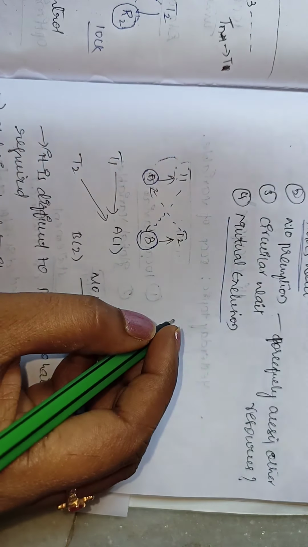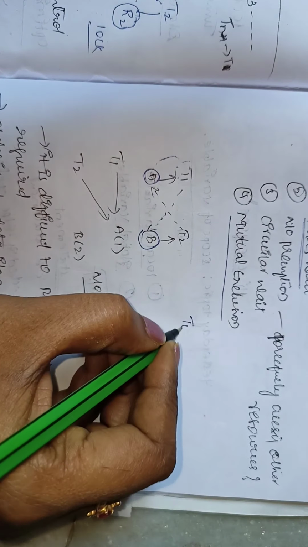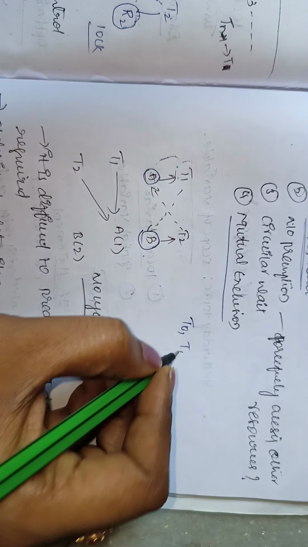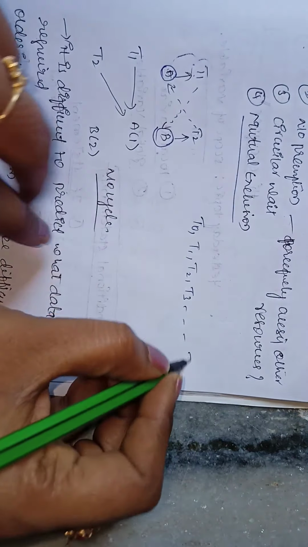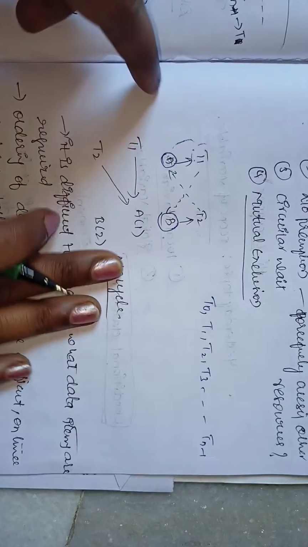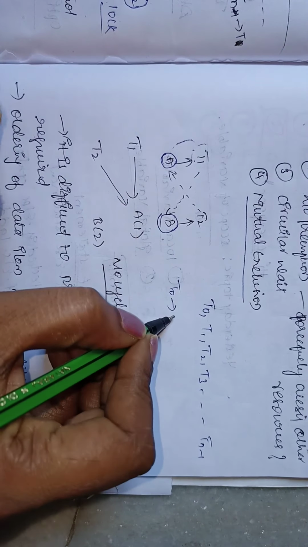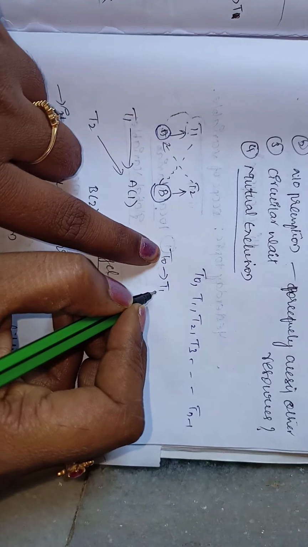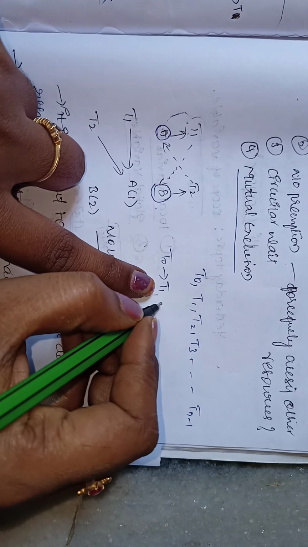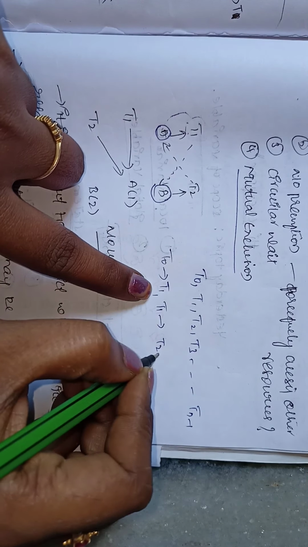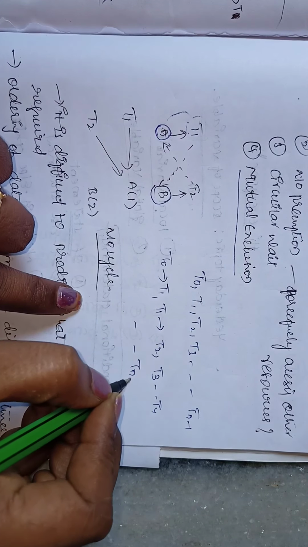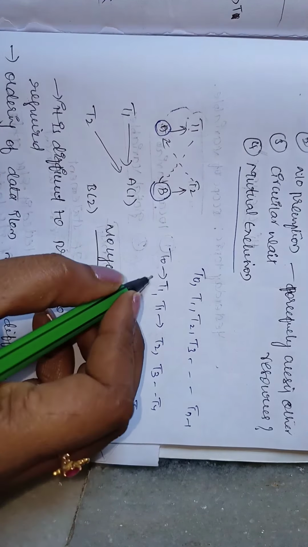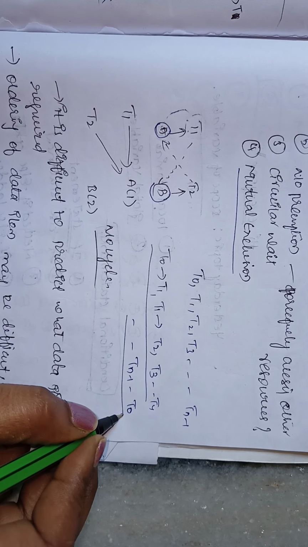Circular wait is nothing but, suppose I'm taking multiple transactions, starting from T0, T1, T2, T3 and so on up to Tn minus 1. Suppose you get a cycle like this: T0 is waiting for T1 to release the lock, T1 is waiting for T2 to release the lock, and it continues like this.